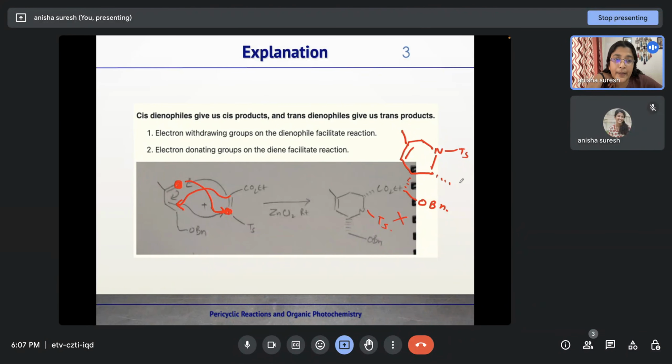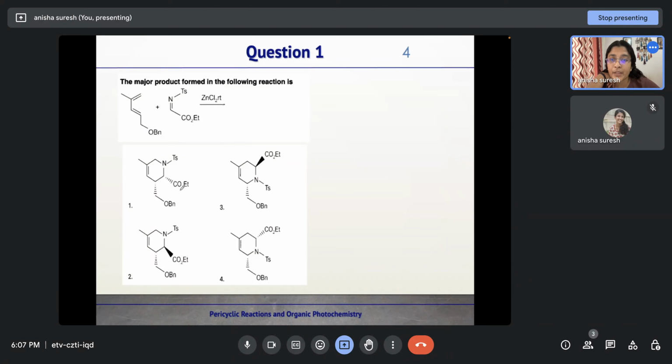This will also be on the alpha side. So this is coming in the endo direction, because of that it is alpha, and since it is facing away from the diene, this will also come alpha. So the right answer will be option 1, not option 4. Option 1 is the right answer.